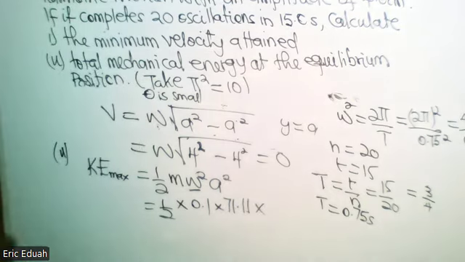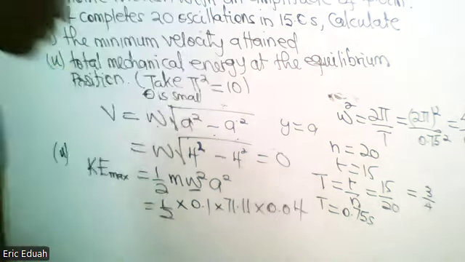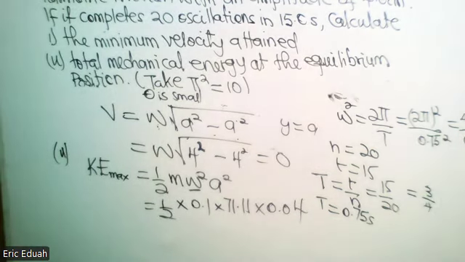Then, having obtained this, you substitute the value into this function: times 71.11 times the amplitude, which is 4. You change 4 into meter, and that will be 0.04. Then you calculate.